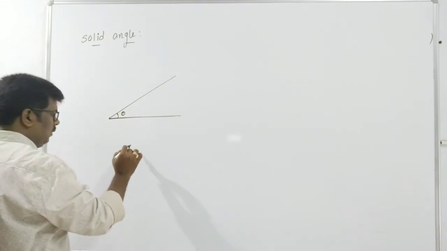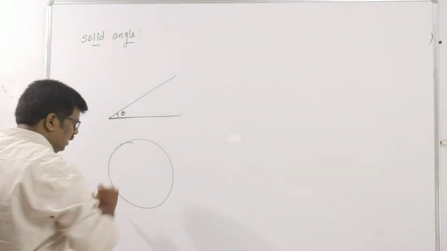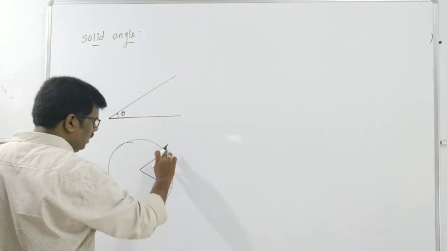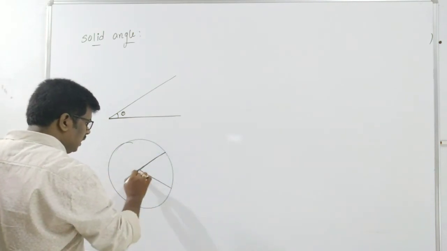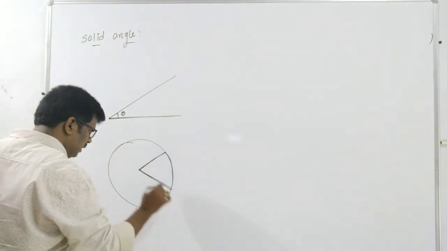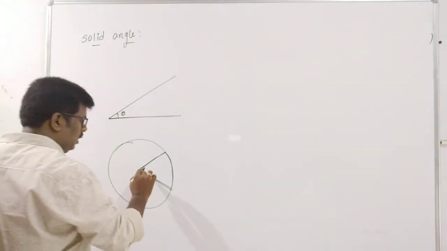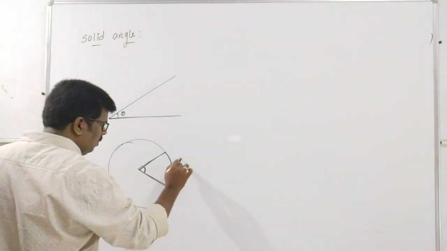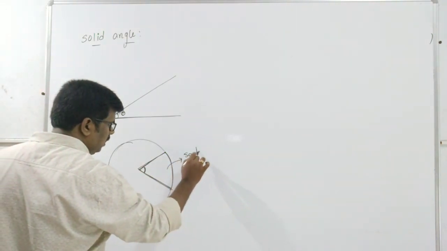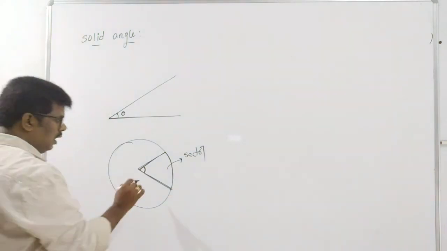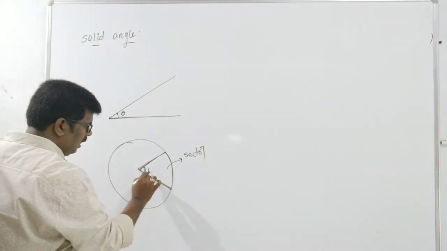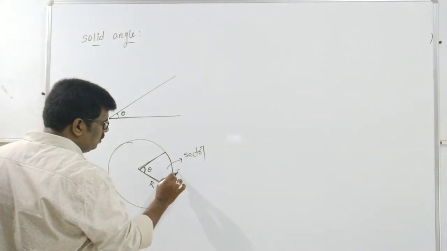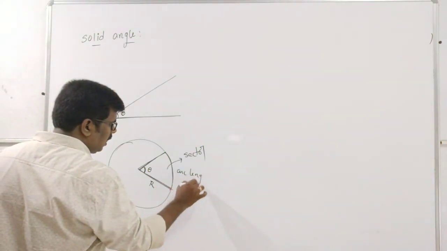Otherwise, if you take a circular ring and cut one sector from it, this is what we can call a sector, whose radius is this, this is the angle, and this is the arc length.